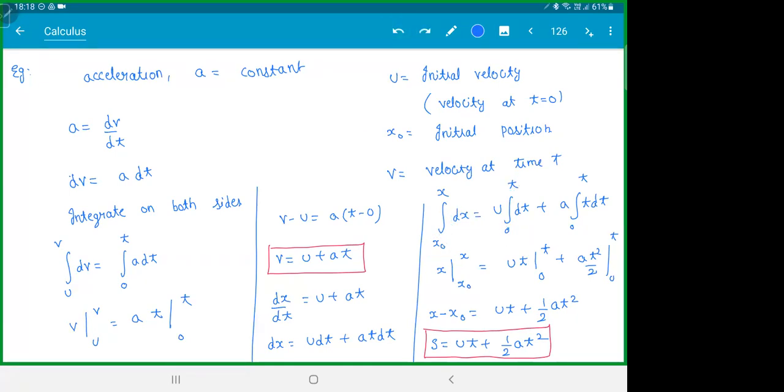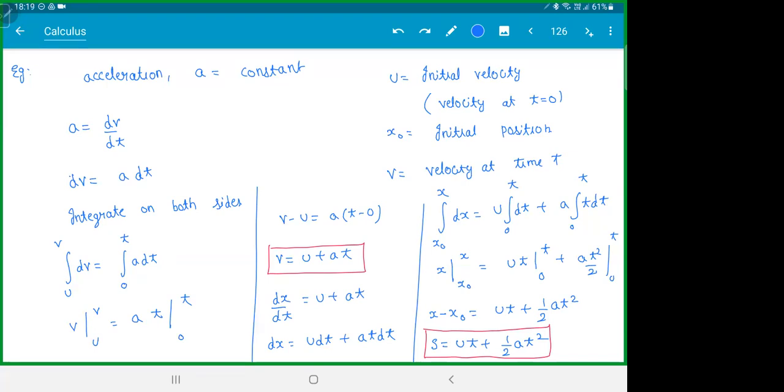Please have a look at this. Anyone confused how I did this? Any step you're confused, please ask. Clear?